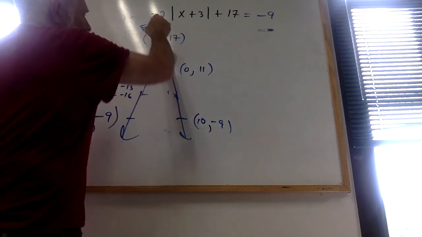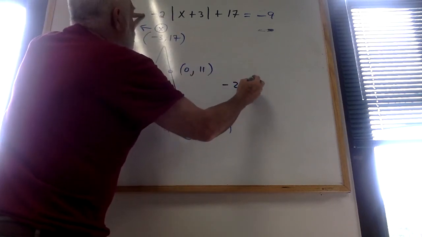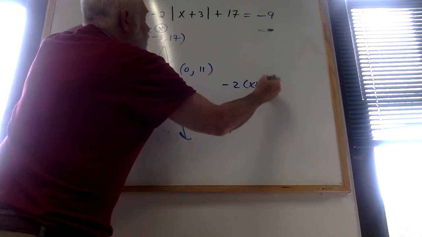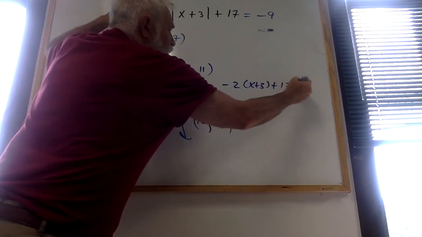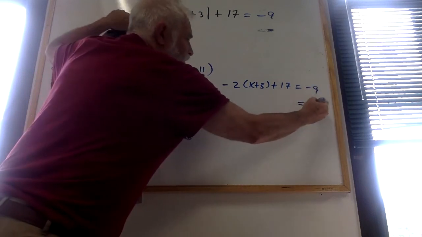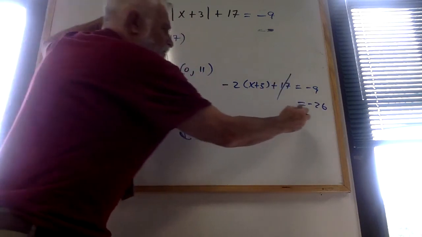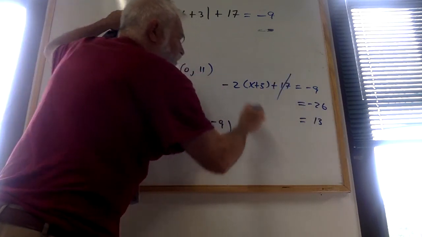So we are now going to look at the downside. The downside is -2 times (x plus 3) plus 17, and we want that to equal -9. We do the same thing. We subtract 17, -26, that's gone. We divide by -2, in that case it's +13.